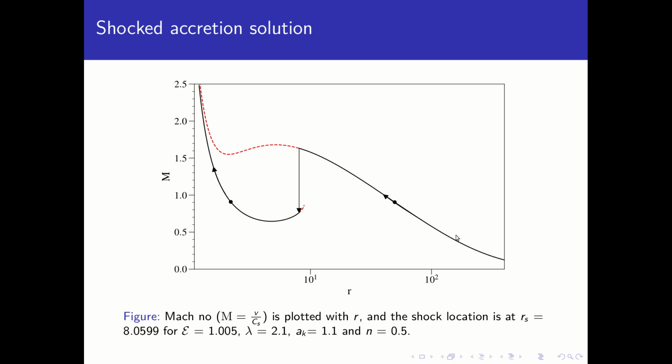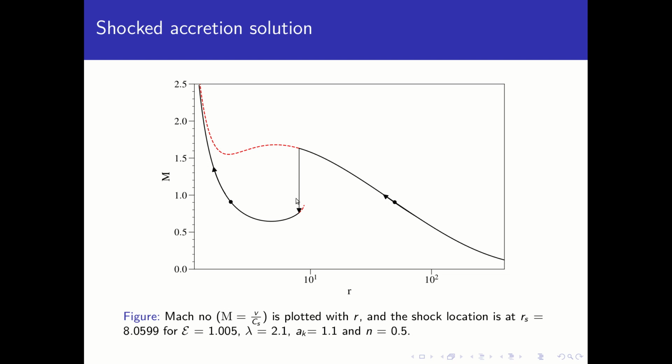So what is shock? When the flow is at the outer edge and the inner edge, the gravitational force is always greater than the centrifugal force. As the flow passes through the outer critical point and comes closer to the black hole, in some region in between, we see that the centrifugal force and gravitational force become comparable to each other.